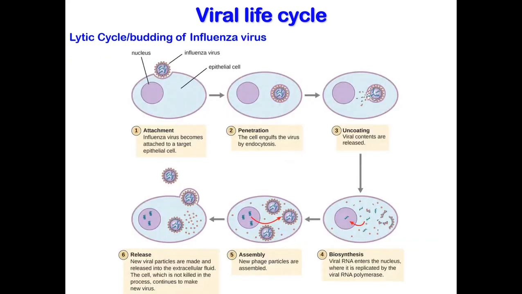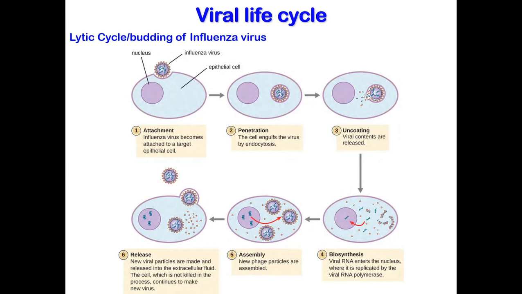So this slide looks at the lytic cycle of the influenza virus. In the first step, the viral glycoproteins attach the virus to a host epithelial cell. Then in step 2, penetration, the cell engulfs the virus by endocytosis. Once the virus is in the cell, it uncoats, so this means that the genome is completely released from the capsid. This is step 3.